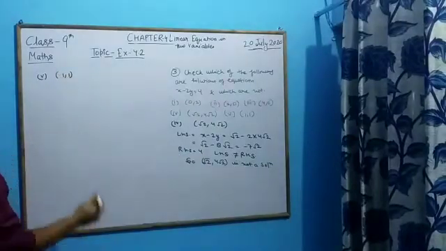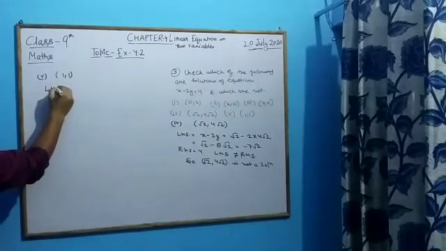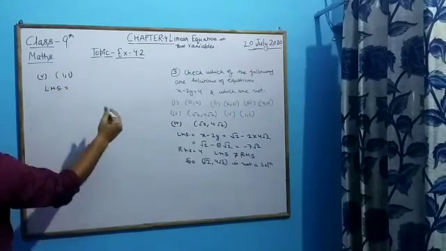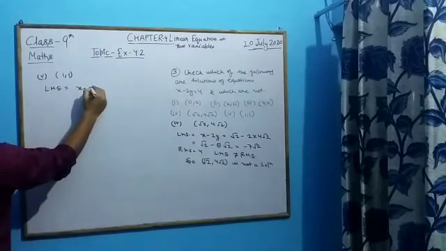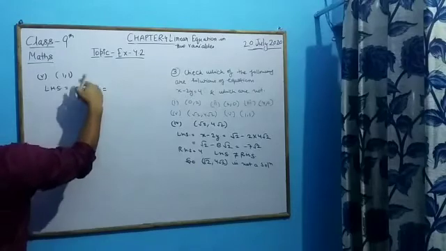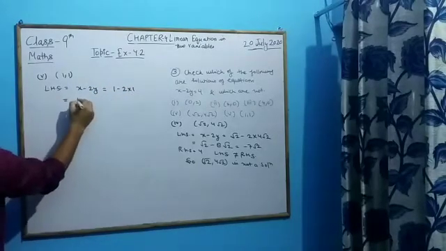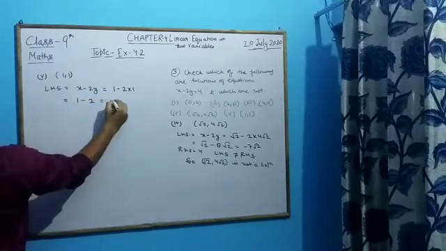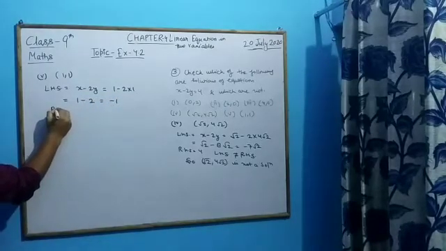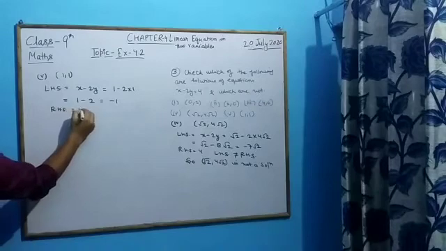Now let us see the last point. What is the left hand side? Left hand side is x minus 2y. Put x as 1 and y as 1. Now what it comes? 1 minus 2, that is minus 1, and the right hand side is 4.